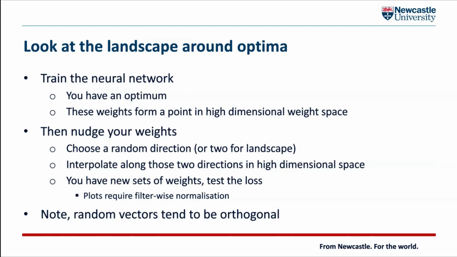You don't need to retrain your network. You have a new set of weights. And what you can do is you can run the test images through that again and get a new loss value, which is a new point on your landscape. Okay. And so once you've sampled this plane, you now have this landscape.